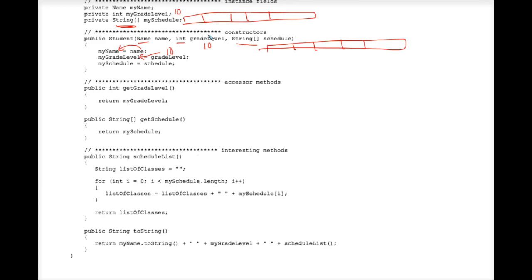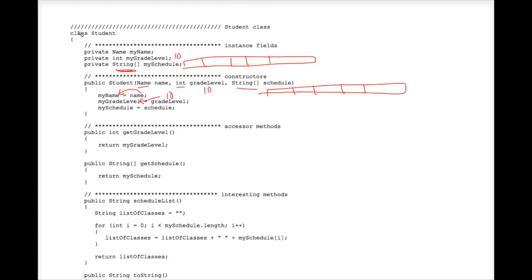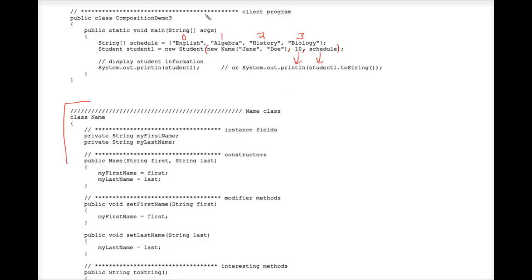So really, my name here is a first name and a last name. Well, what values are being passed to that name object that's a first name and a last name? Oh, I see. This parameter right here, all of this before this comma, is what we're passing.